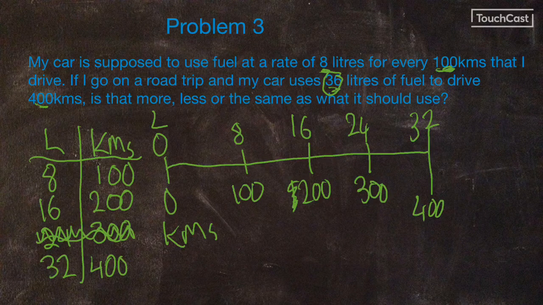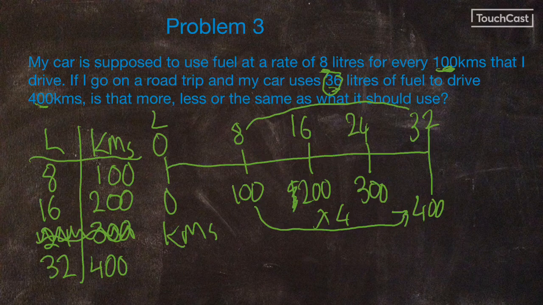You could see there that multiplication relationship of 100 times 4 equals 400, and that also relates to 8 litres times 4 equals 32 litres as well. So hopefully you used a similar strategy to work that out.